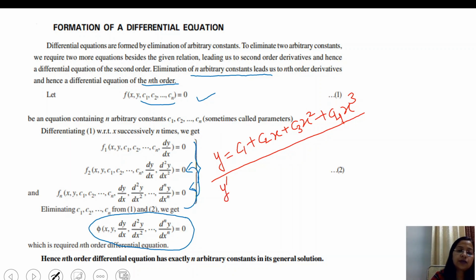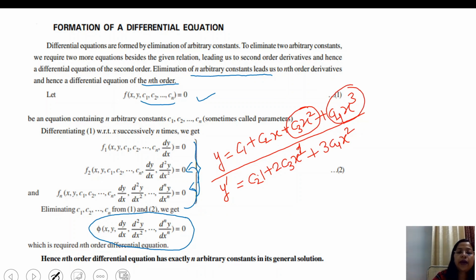I am going to differentiate y once with respect to x. I get c1 differentiated is 0, so c2 into 1, plus 2c3x, where x² differentiates to x raised to the power 2 minus 1, that is x, plus 3c4x².